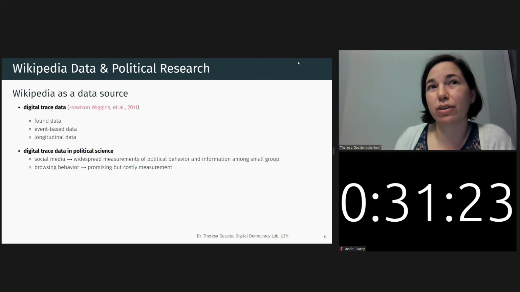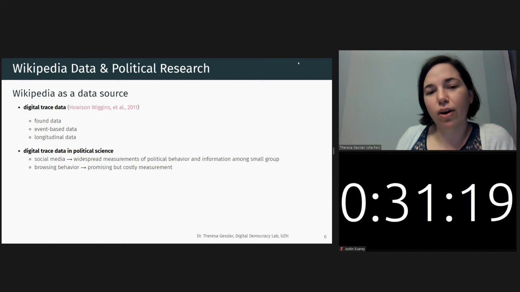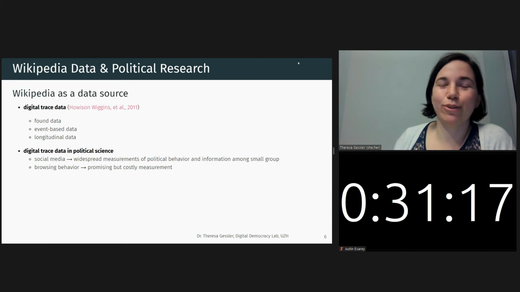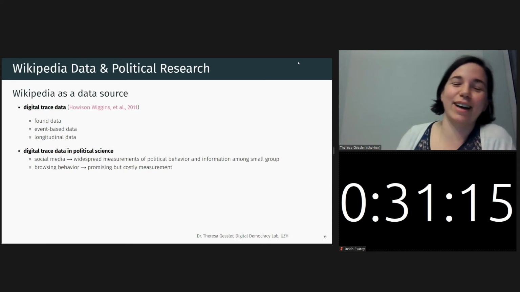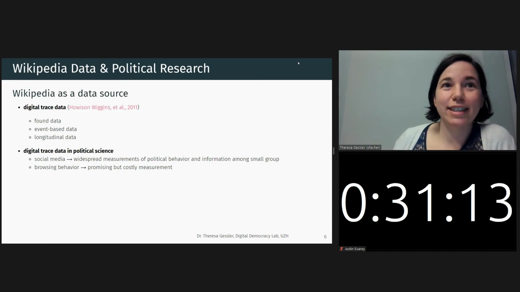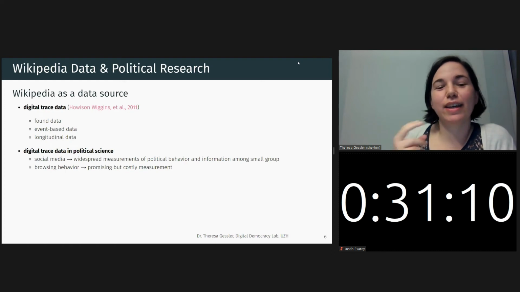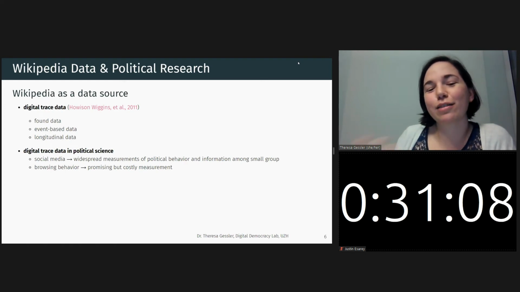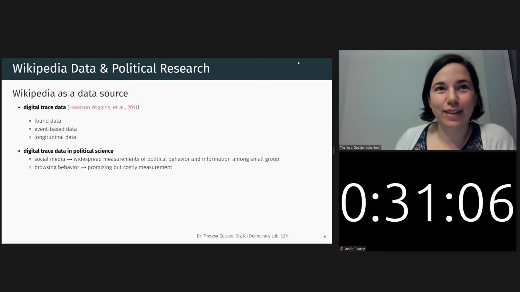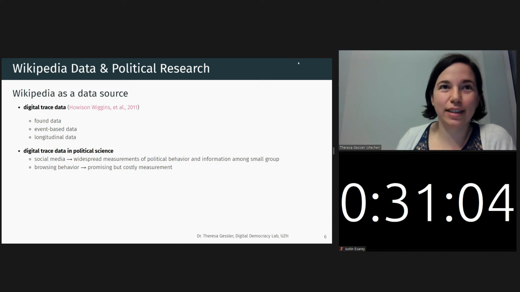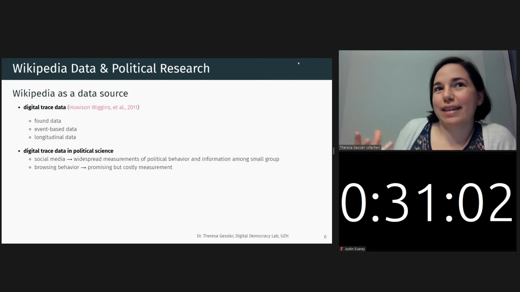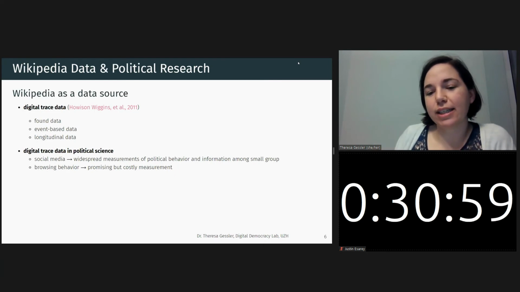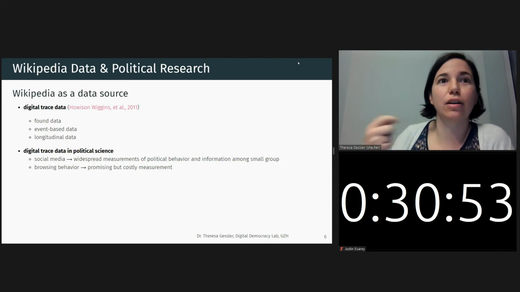For example, quite often we can combine and link it with survey data, but it's a very costly measurement that many people, for example, me being a postdoc at a European university, just can't afford. And here I think Wikipedia presents a sweet spot, offering a lot of data on interesting processes that a wider share of the population takes part in, and where the activity is maybe less demanding than posting something. It's just looking something up.